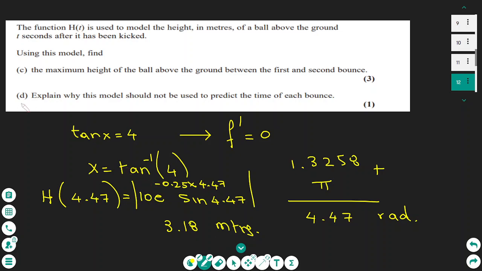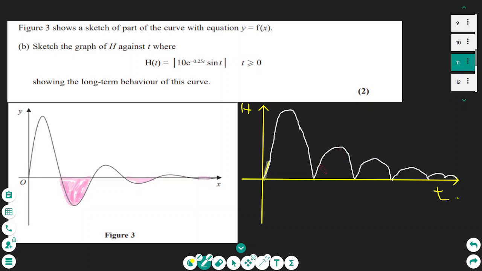Now, explain why this model should not be used to predict the time of each bounce. If this were a realistic model, the times between each bounce should not stay the same when the height of each bounce is getting smaller.